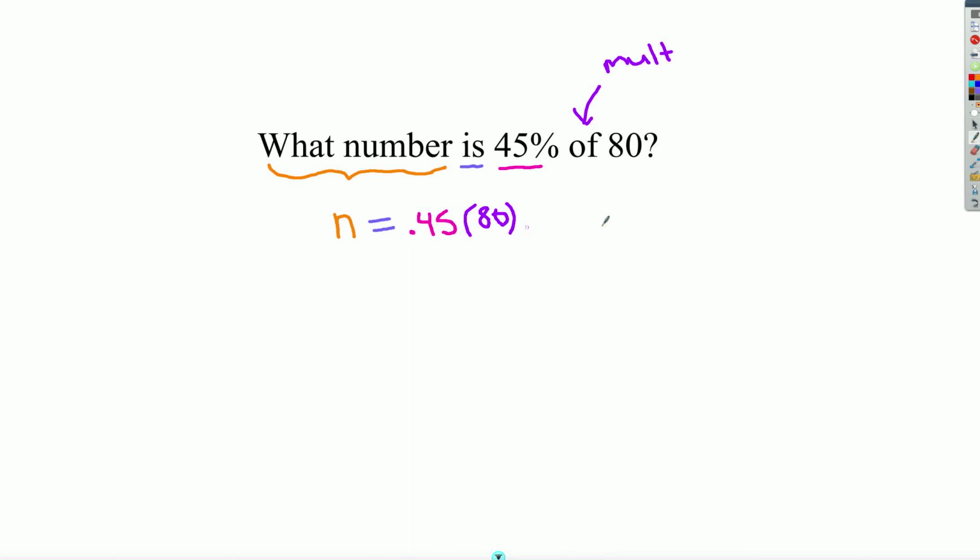And here again, my variable's already isolated. I'm not even really solving an equation. I'm just going to type in my calculator 0.45 times 80, and I get 36. So N is 36, and then I can always think about it and see if it makes sense. What number is 45% of 80? 36 is 45% of 80. It makes sense. It sounds logical.